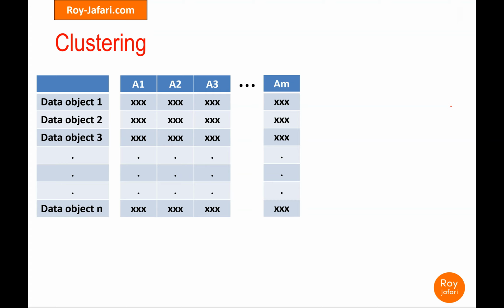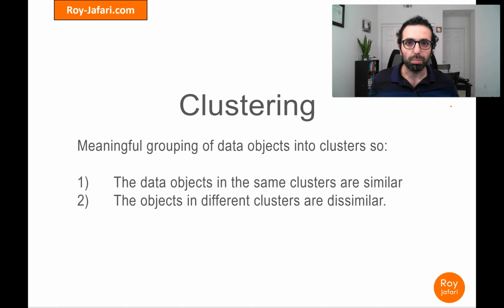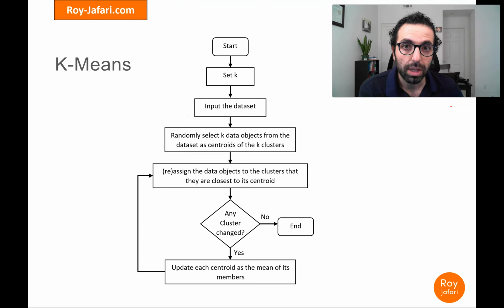What clustering does is look at all of the attributes inputted to the algorithm and try to find meaningful groups among the data objects, where the members of a group are very similar to one another and the members that are not in the same group are very different from one another. So that's basically what clustering is. And we did see that k-means has a very simple loop that, in a heuristic and random way, goes about finding these clusters or groups of data objects.